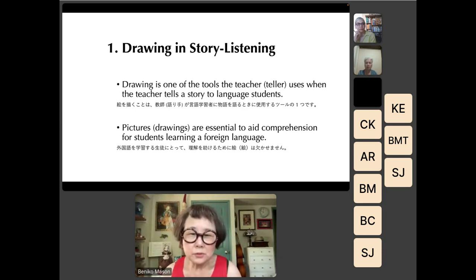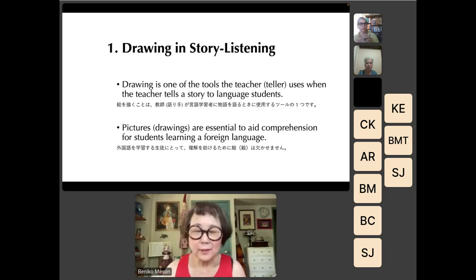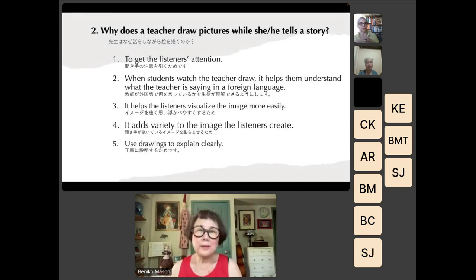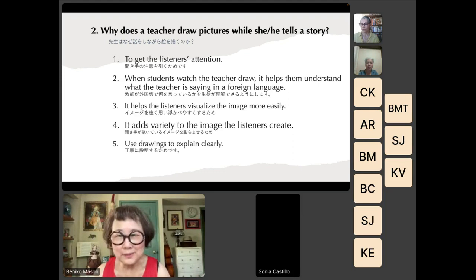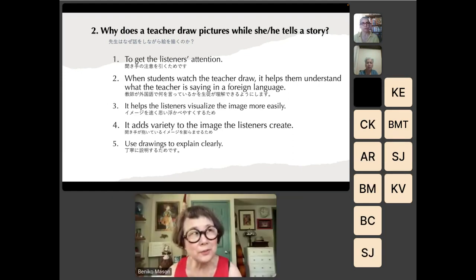Okay, pictures and drawings are essential to aid comprehension for students learning a foreign language. Why does a teacher draw pictures while she or he tells a story? Why do I draw? It's to get the students' attention. When I draw a cat on the board, even a 6 months old baby pays attention.